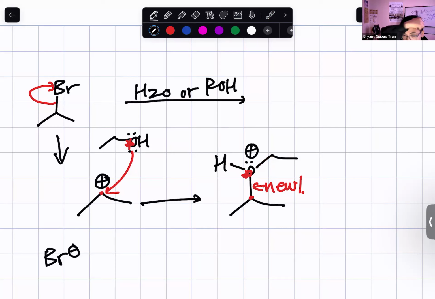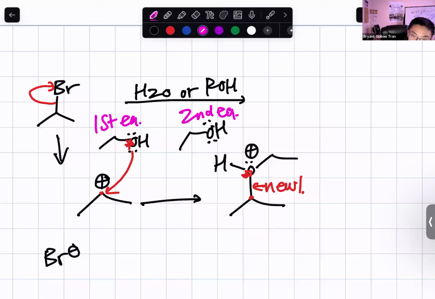Right, it's oxygen with 3 bonds and a pair of electrons, but we want to get rid of that positive charge. So to get rid of that positive charge, we have to get rid of this hydrogen and give the oxygen a pair of electrons. So to do that, we have to use another equivalent of alcohol. The first equivalent, like the first mole you could think of alcohol, and then this is the second equivalent or second mole of alcohol.